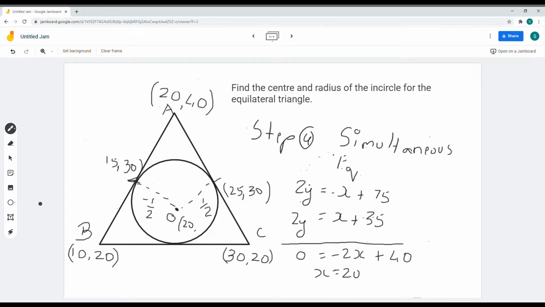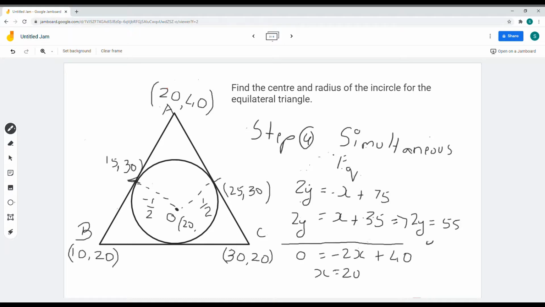Now to find out the y coordinate, just put this x value in any one of the two equations. So for example, I'll put it in the second equation. So in this equation, 2 times y is going to be equal to 20 plus 35, which is 55.